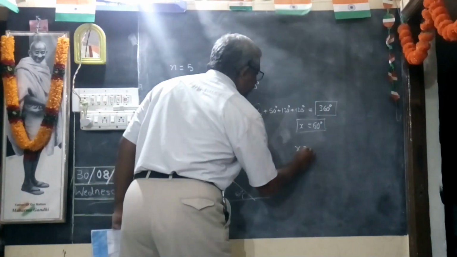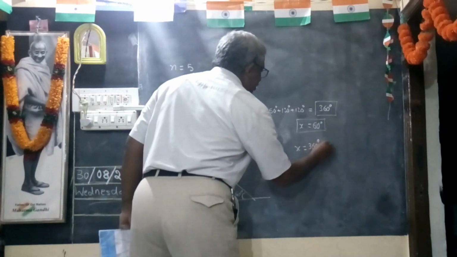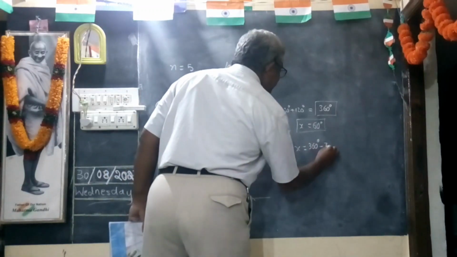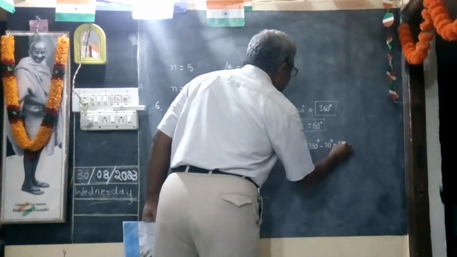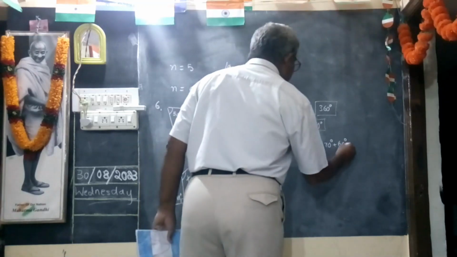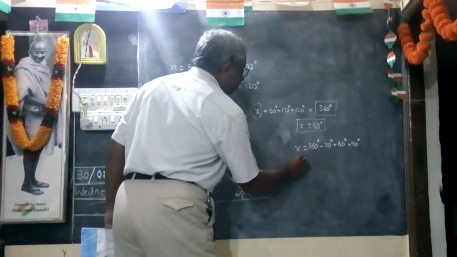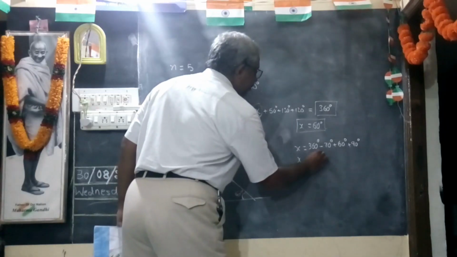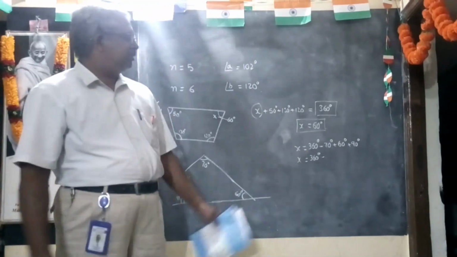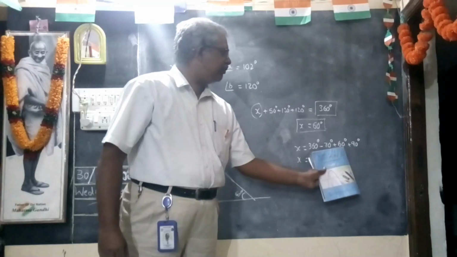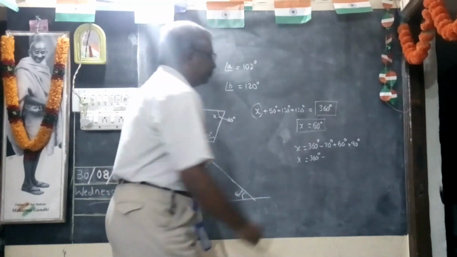220 total. 360 minus 220. Come on, tell me. How much is the total sum? 360 minus 220.